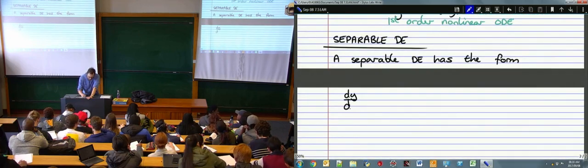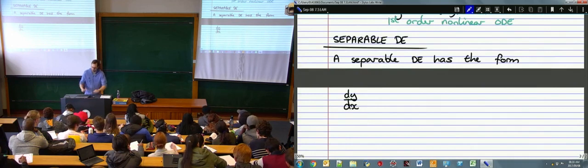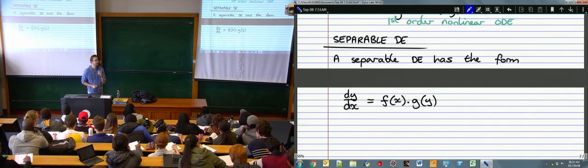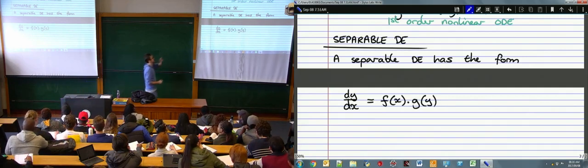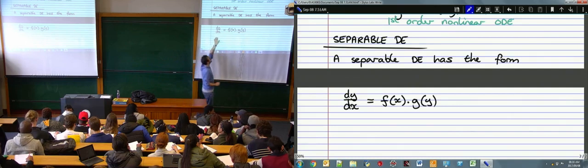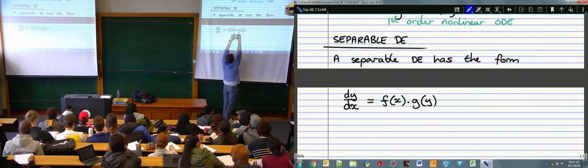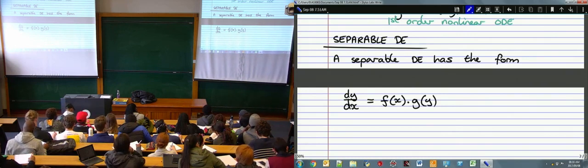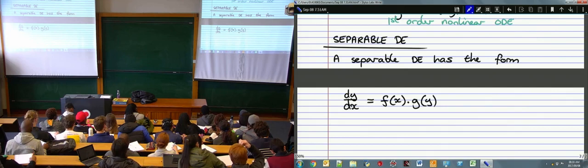It's the first derivative over here, dy by dx is equal to a function f which depends on x, multiplied by a function g which depends on y. This is a separable differential equation. And it's separable because in some sense the dependence on x and y is separate, right? It's not like we've got x's and y's all muddled up. All the x's are over here, all the y's are over here, and they're just simply multiplied together.